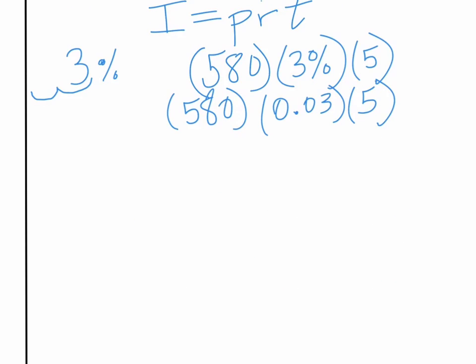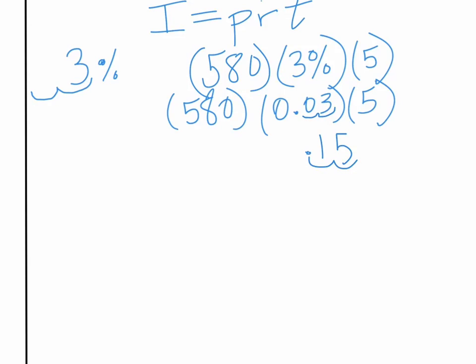There is part of this problem you should be able to do mentally, and that is to multiply 3 hundredths times 5. 5 times 3 is 15, with 2 decimal places, 1, 2, 1, 2.